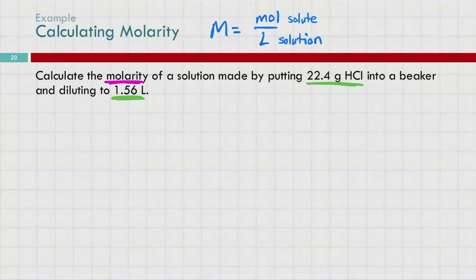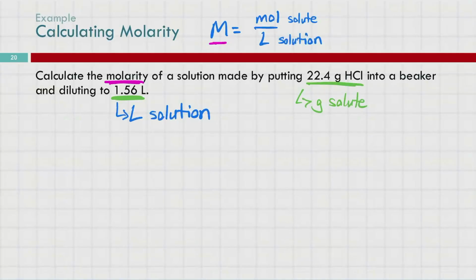So we're trying to calculate molarity. That means that we need moles of solute, and we need liters of solution. Conveniently, we have liters of solution. That's the 1.56 liters. We do not, however, have moles of solute, but we have grams of solute.